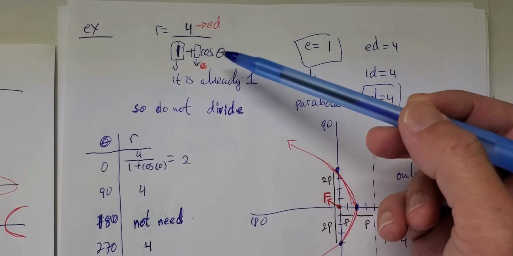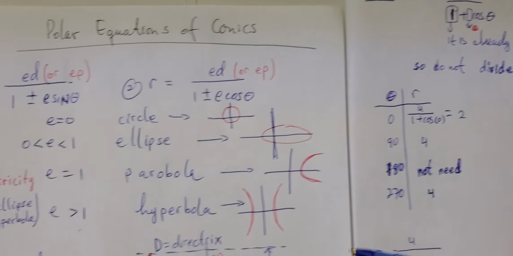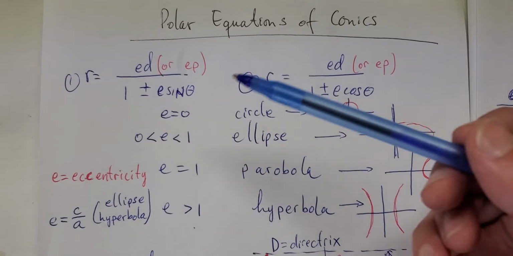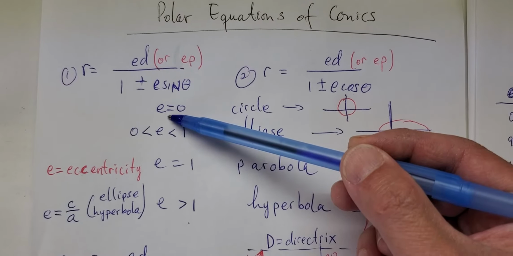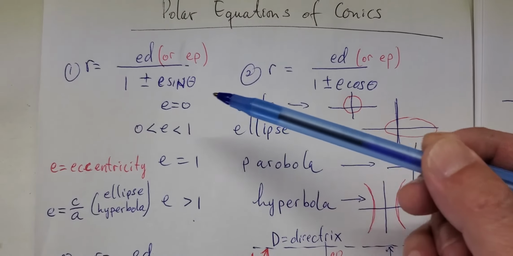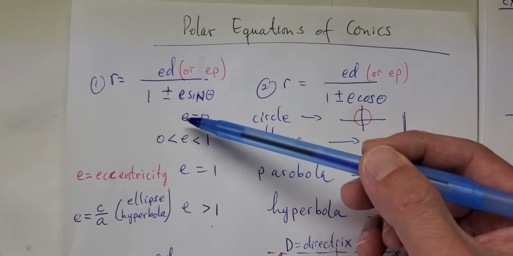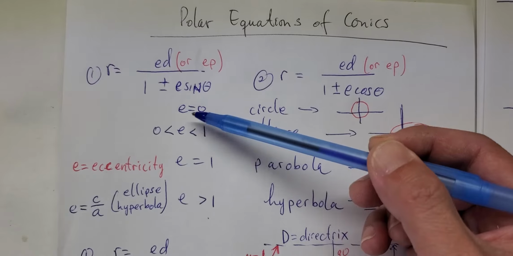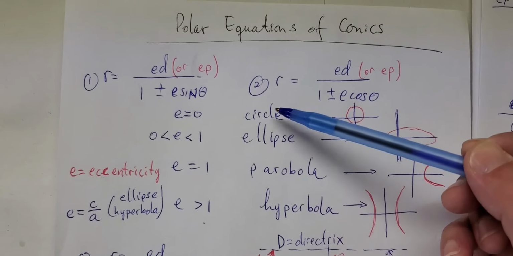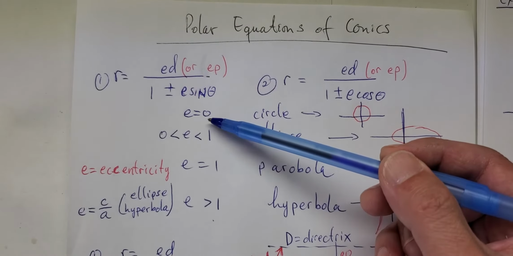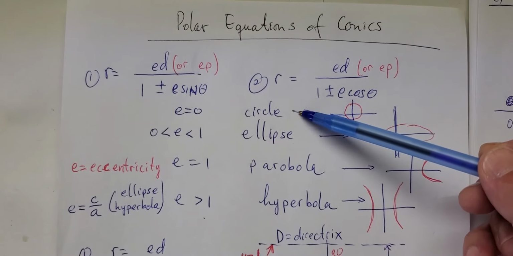But before I go to this example, I want to mention one more thing which I forgot. What if my eccentricity is 0? Then it is a circle. So again, if E is 0, you have a circle.